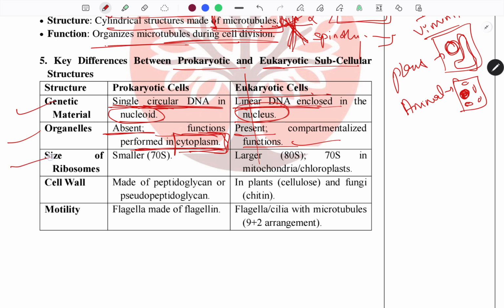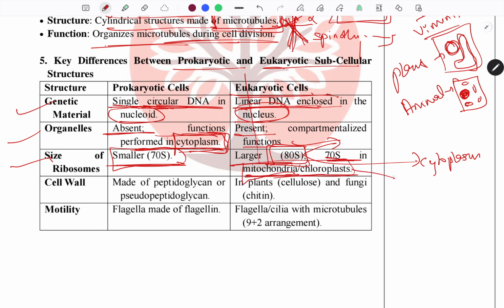If you are talking about the size of the ribosomes, in prokaryotic cells they are smaller and 70S ribosomes are present. In eukaryotes they are a little bit larger, and 80S ribosomes are present in the cytoplasm of the eukaryotic cell. 70S ribosomes are present in mitochondria and chloroplasts.